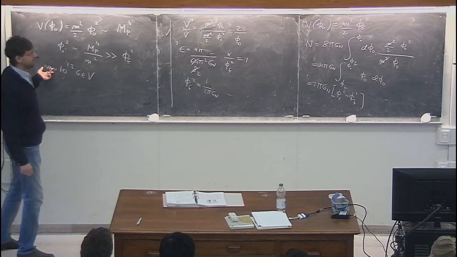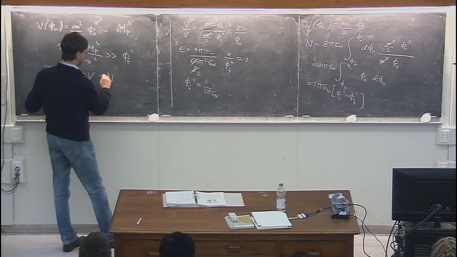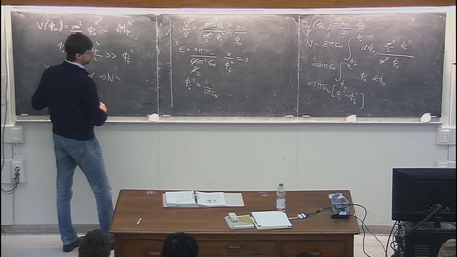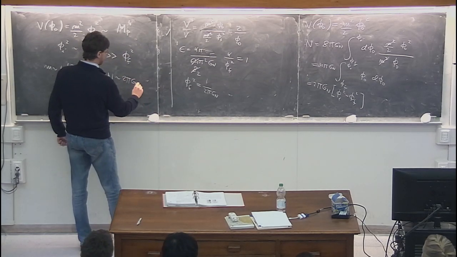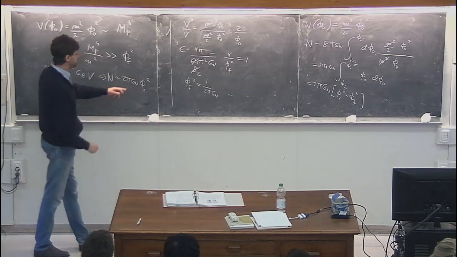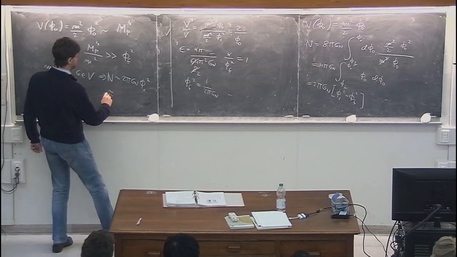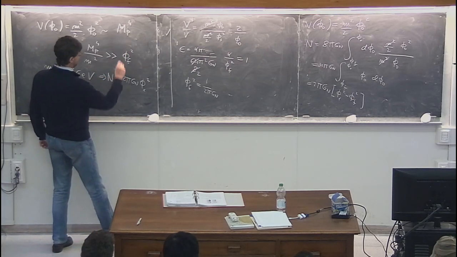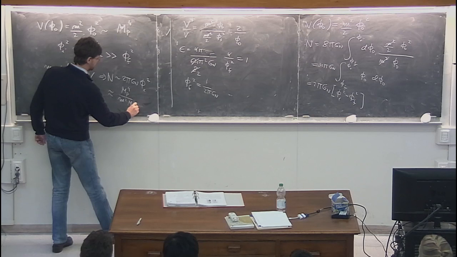So looking at that expression, I get that the number of e-folds is of order of 2 pi g Newton times phi initial square. But g Newton is 1 over m Planck square, so the total number of e-folds is of order of m Planck to the 4th divided by m square, divided by m Planck square that comes from this g Newton.